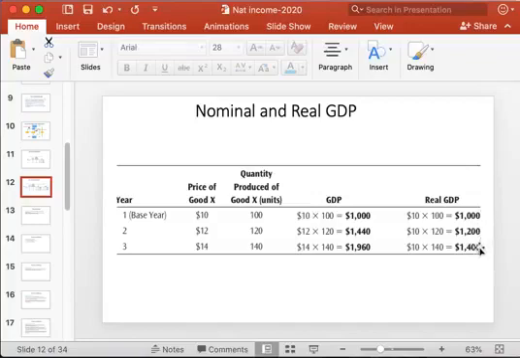So the improvement in the economic output of a country is because of increased economic activity or increased production of goods and services, not because of the change in the price of goods. So this gives a better picture of how an economy is changing.